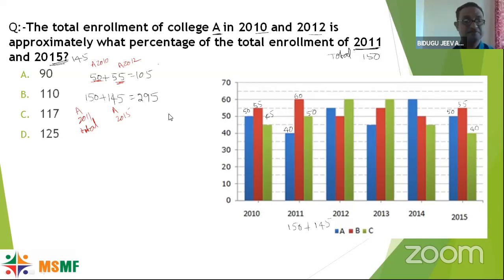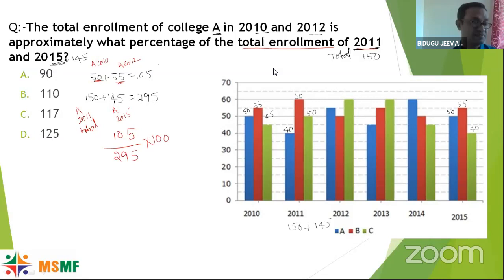Okay, fine. Now, percentage of total enrollments 2011 and 2015. What percentage of that? That means 105 divided by 295 into 100. Is it correct? Total enrollments approximately. College A in 2011 and 2015, how much? No, it is not total.